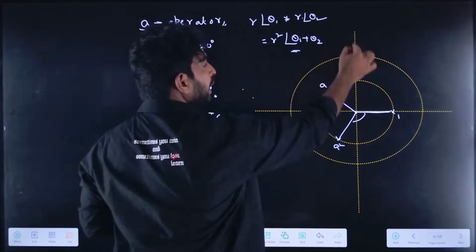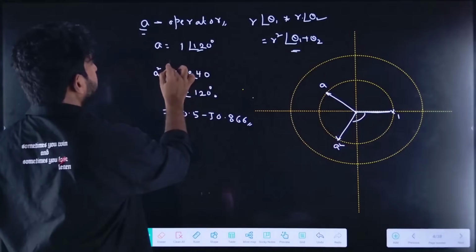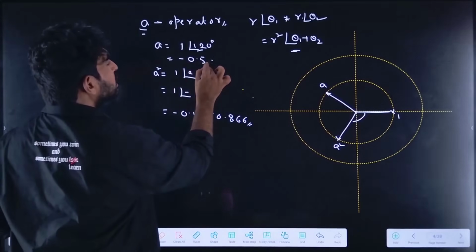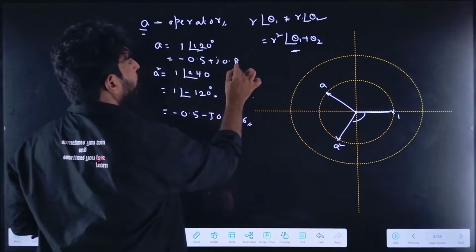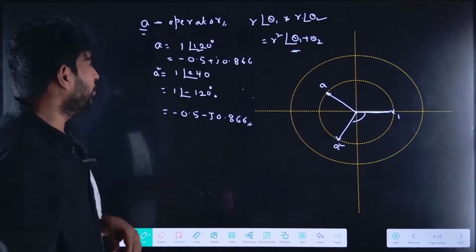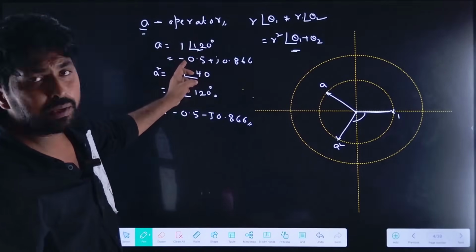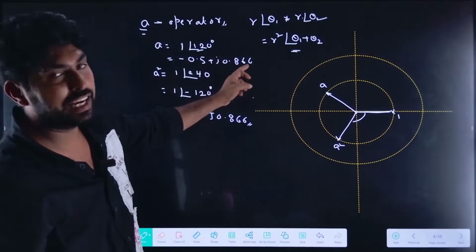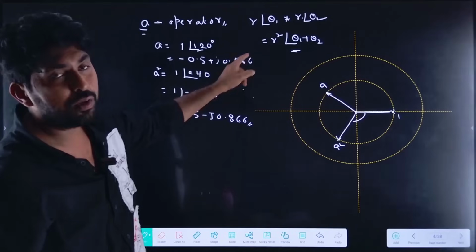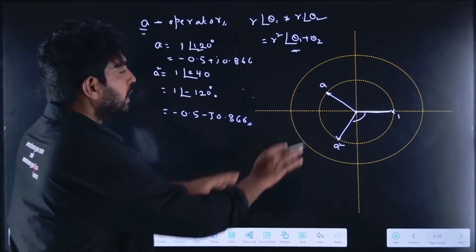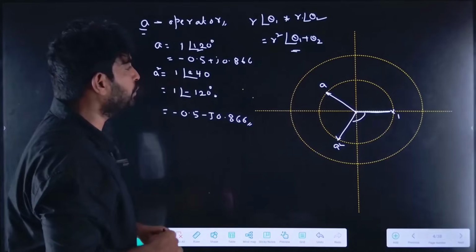Now the y-axis is positive and the x-axis is negative, so it is minus 0.5 plus j0.86, which is root 3 by 2. What does that mean? cos 120 plus j sin 120, so minus 0.5 plus j0.866. Now we got the basic formation.